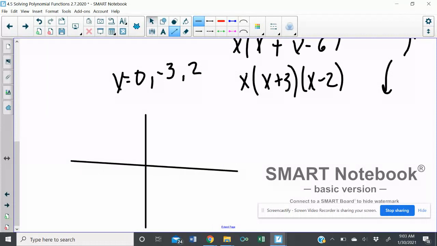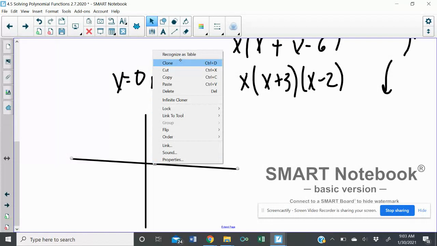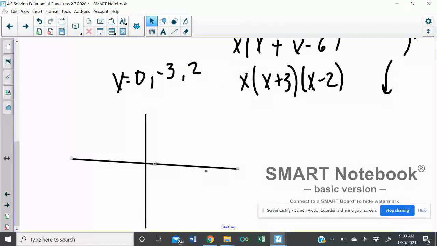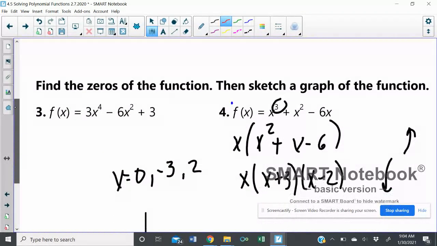Oh, that's bad, sorry. Let's just get rid of you. Delete. 1, 2, 3, 1, 2, 0, 3 zeros, and my y-intercept was a 0.